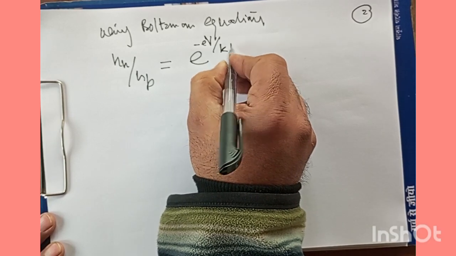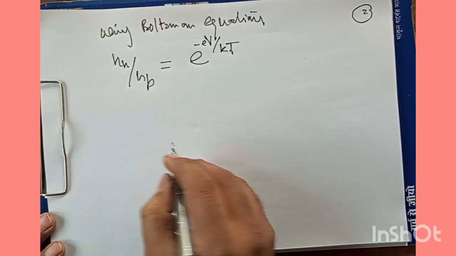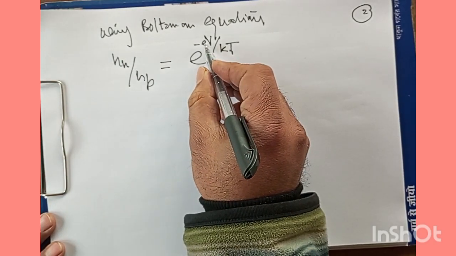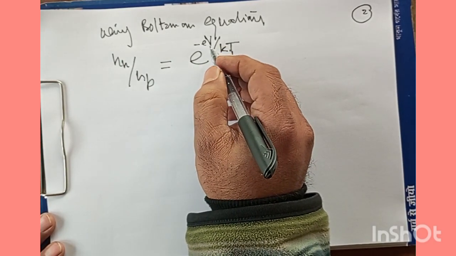So kT I will write simply here. And this e refers to the charge.